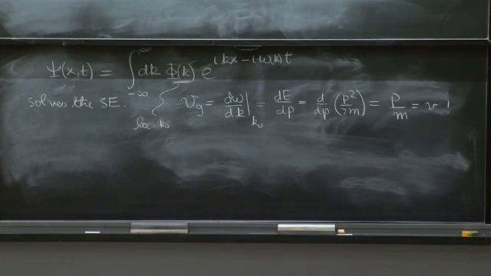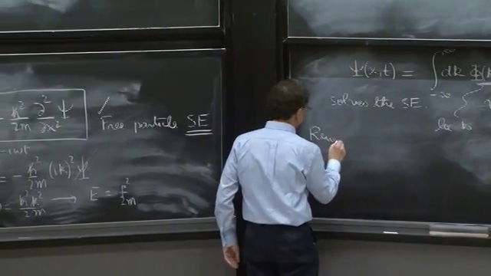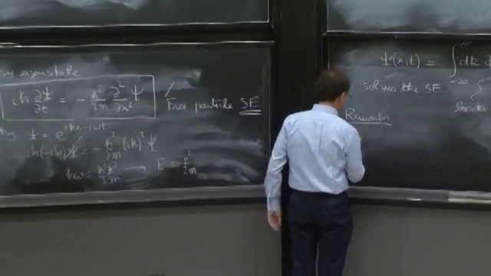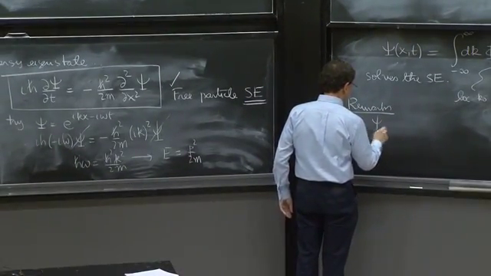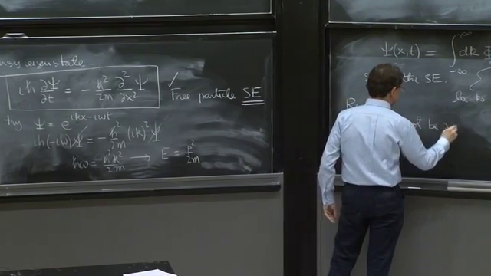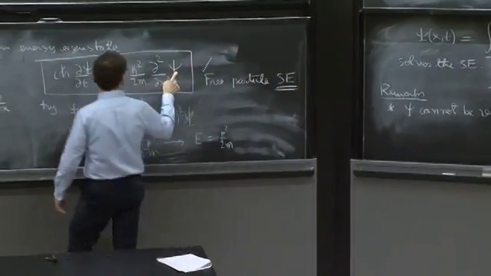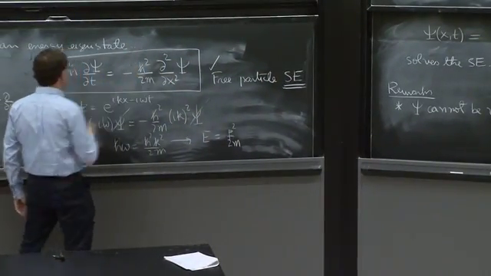A few remarks that come from this equation. One, psi cannot be real. And you can see that because if psi was real, the right-hand side would be real.